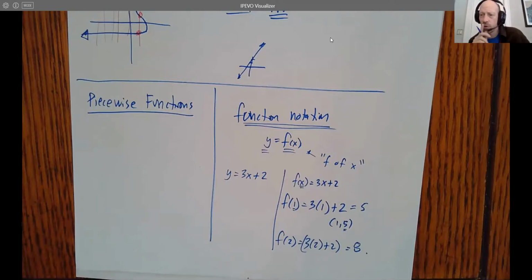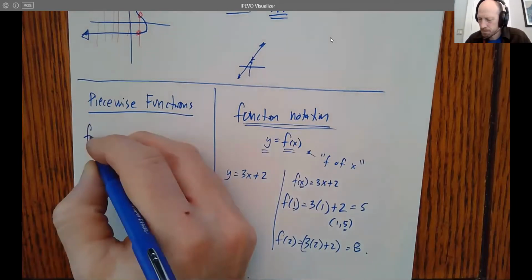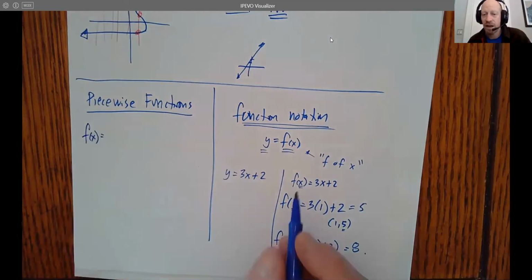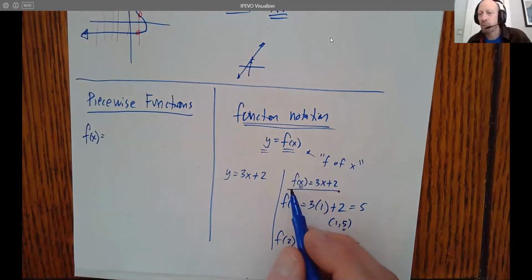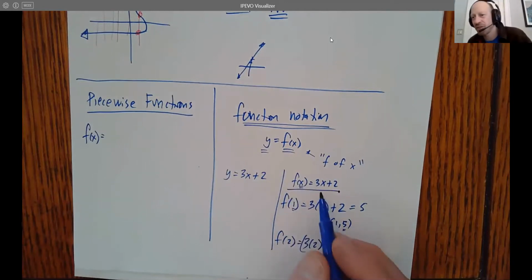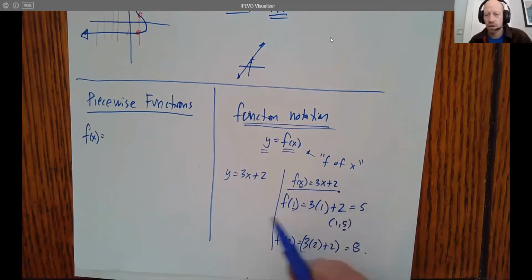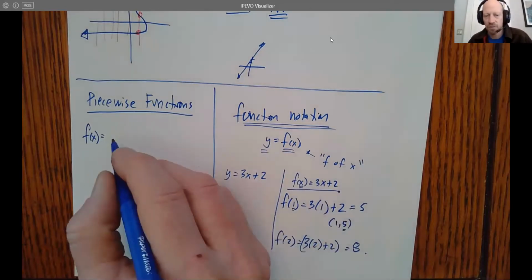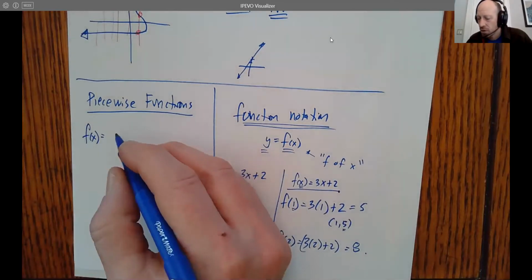Okay, so now we're ready for a piecewise function. Rather than writing f of x as just 3x plus 2, this function is defined this way no matter what x I put in, right? I put in 17 or negative 23 or anything, and I get the same formula. That's what this function says. So over here, I say f of x equals, now a piecewise function is going to be defined differently.